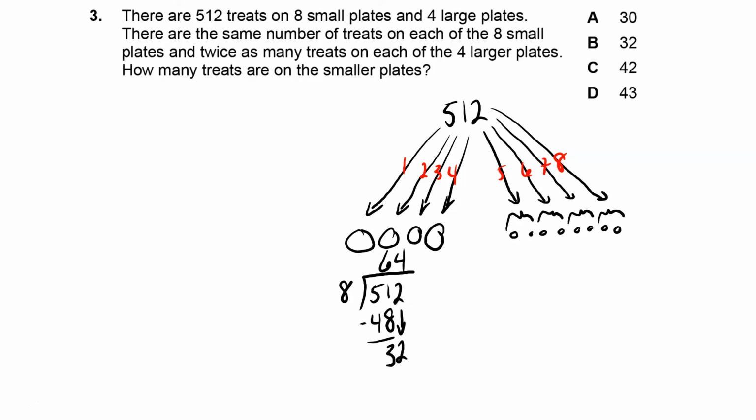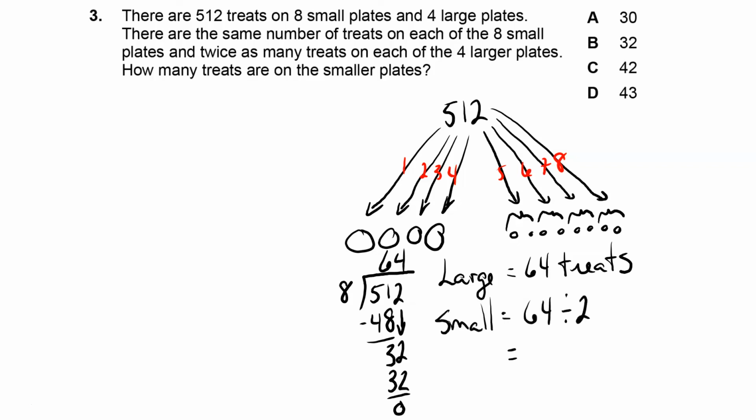And I know that 4 times 8 is 32 with a remainder of 0. So each of the large plates is going to get 64 treats. That means that the smaller plates are going to get half of that, which of course means 64 divided by 2 is going to be 32 treats. Answer B is correct.